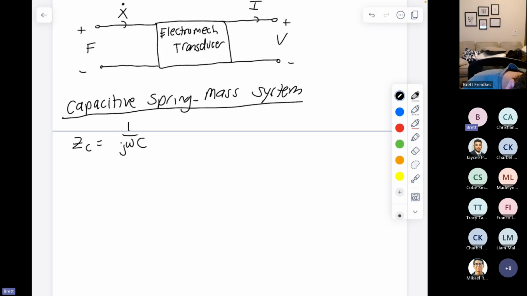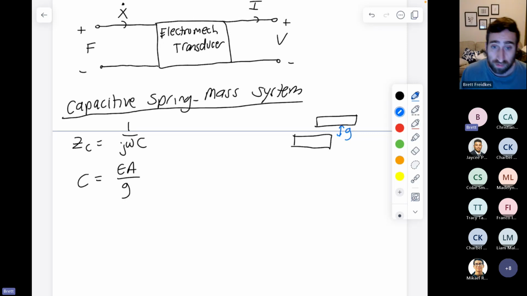If we have plates that are overlapping by some amount, what was our capacitance? Epsilon A over G, where G is the distance between the plates, A is the area overlap of the plates, and epsilon is a property of the medium, air or something, that is in between the plates.